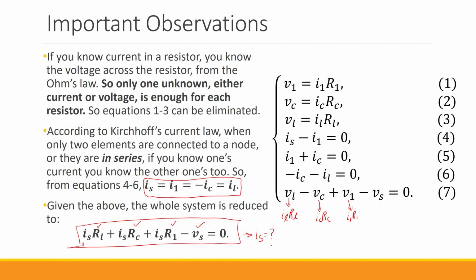When we find the value for Is, we practically have the value for I1, negative IC and IL, and when we know these, we can find the values for VL, VC and V1. So practically we don't need to solve 7 linear equations simultaneously, right? With a little bit of manipulation, we were able to simplify the whole circuit into one single equation. Of course, when we talk about more advanced techniques, you will see the reasoning behind these simplifications as well.